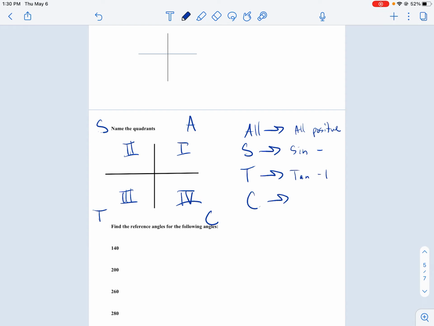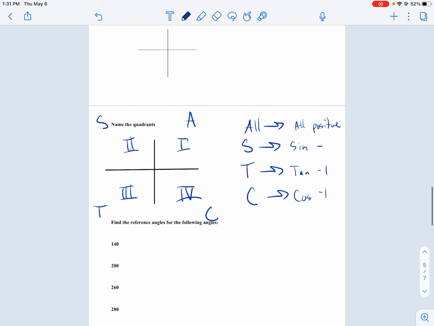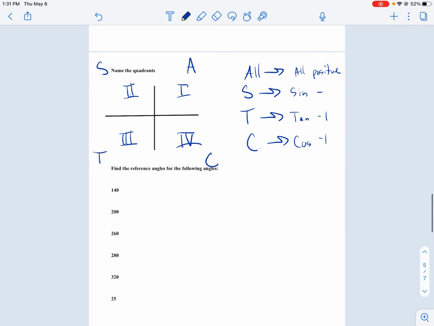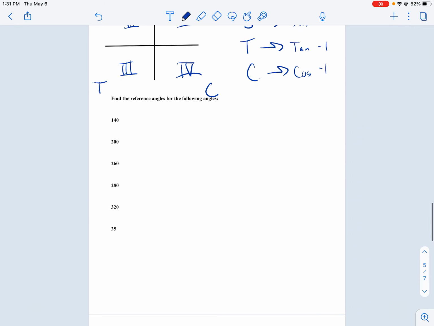And the C stands for when the cosine is negative. Hold on just a second.